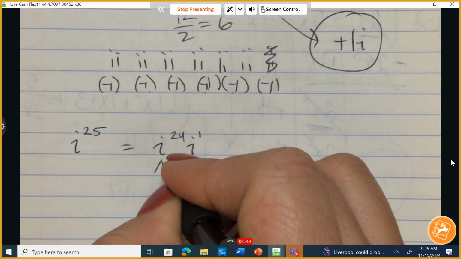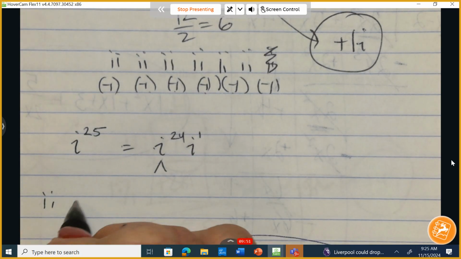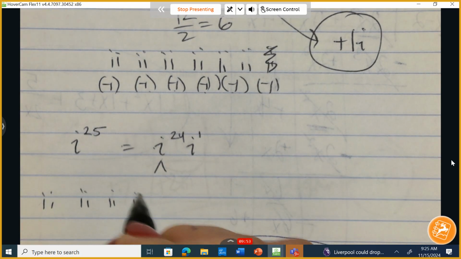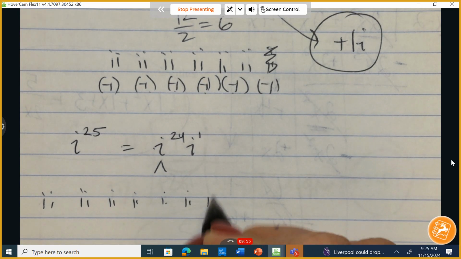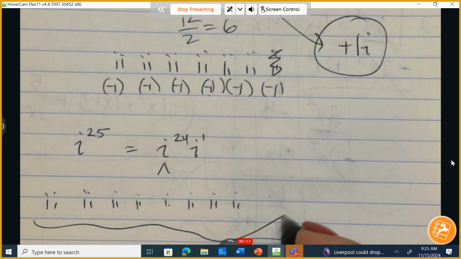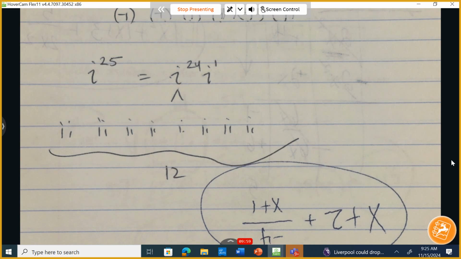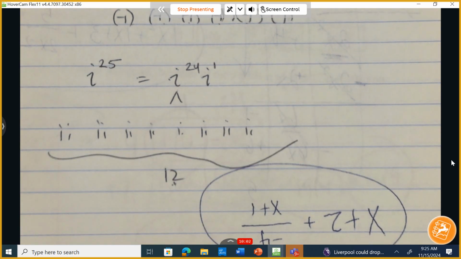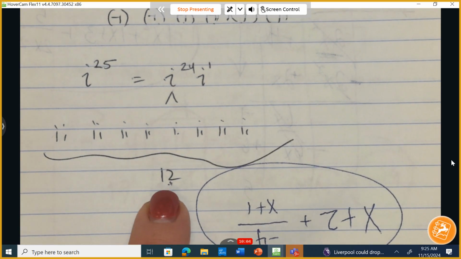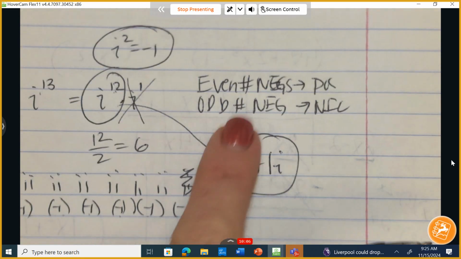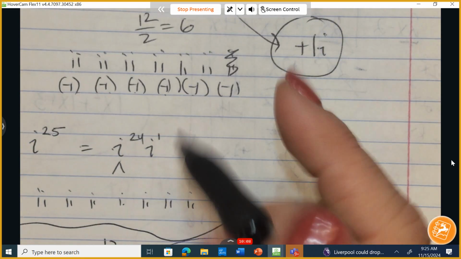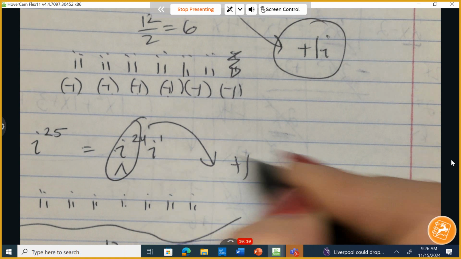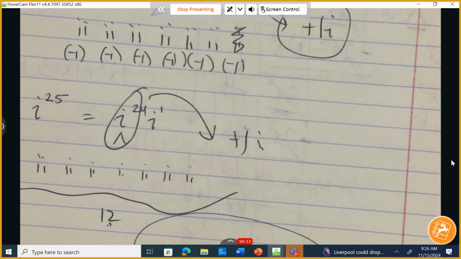Again, if you're a visual learner, you'd set up all these i's: 2, 4, 6, 8, 10, 12, 14, and there would be 12 pairs of i's. Each one of those pairs produces a -1. So I have an even number of negatives, and an even number of negatives produces a positive answer. This is +1, and we have a leftover i.